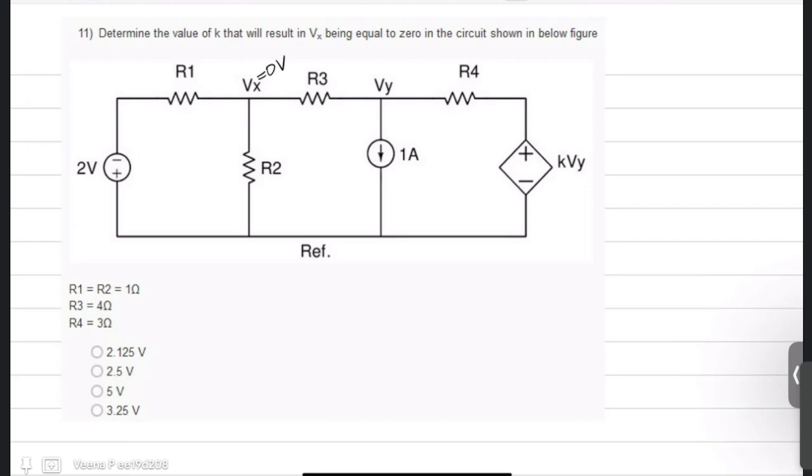So if Vx is 0, and this is already given as a reference node, that means this is also 0 volts. So across R2, there will be no current flowing because both ends have the same potential.